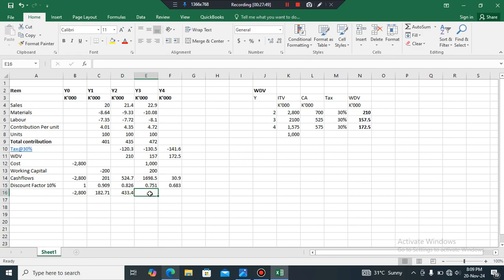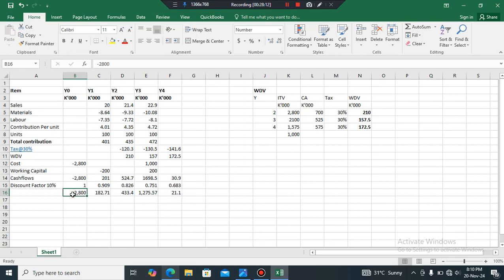So it's giving us 1275.57. And then the next thing that we have is 30.9 multiplied by 0.683, giving us 21.10.